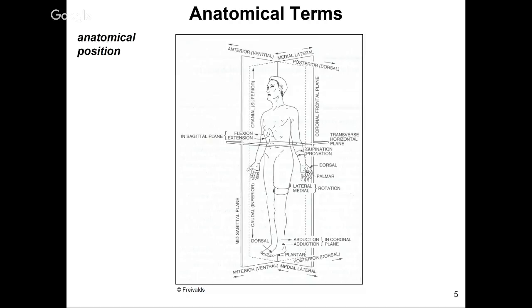Does anyone know what the root word of proximal means? I'm trying to think of an example to help remember that. If you say approximate, that's from the same root word. It means it's close to that, right? So proximal means it's close to your core.